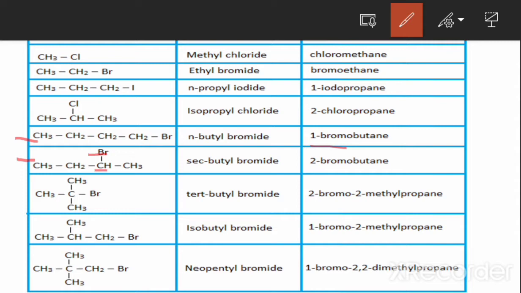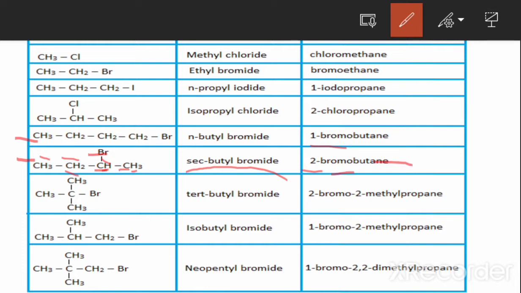So it is named secondary butyl bromide in the common name, and for the IUPAC name we have to number the carbons 1 and 2, because we have to use the smallest or least digit, that is the second carbon. And if we count from here 1, 2, and 3, the halogen would be attached on the third carbon. So we will prefer the least number, and that is 2-bromobutane.